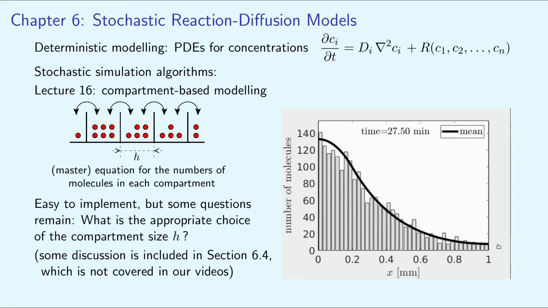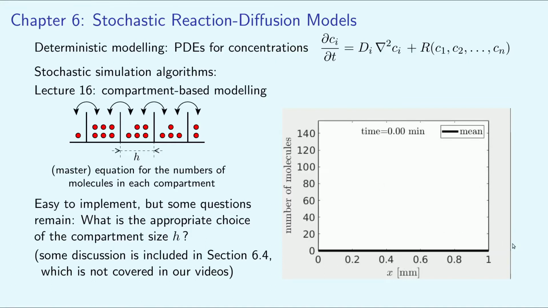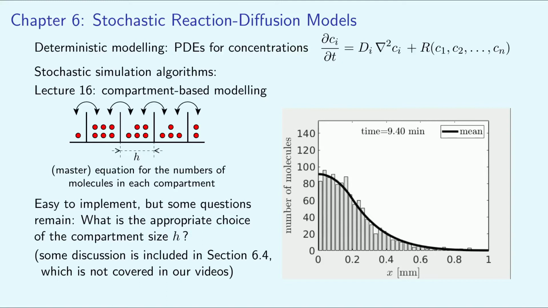That is, the exact description which we are attempting to approximate using the compartment-based approach. Consequently, for reaction diffusion systems involving only zero-order or first-order chemical reactions, we can increase the accuracy of stochastic simulations by decreasing the compartment size H.